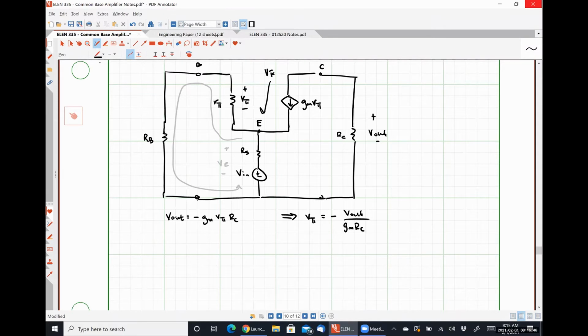I see that VE will be equal to negative V pi plus the voltage drop over my resistor RB, which using Ohm's law is going to be RB times negative V pi over R pi.